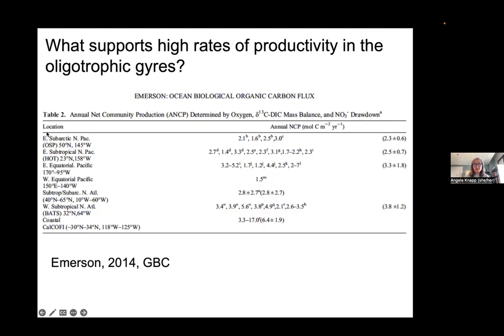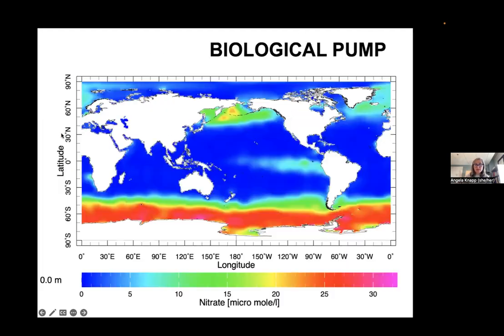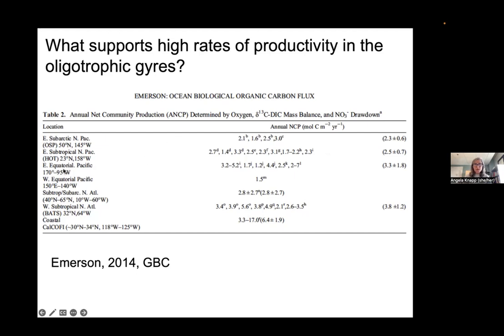And he compared regions like Ocean Station Papa, which is sort of up here in the Northeast Pacific, the HOT site near Hawaii, the east and west ends of the equatorial Pacific, the subtropical and subarctic North Atlantic, the Bermuda site, and coastal California.